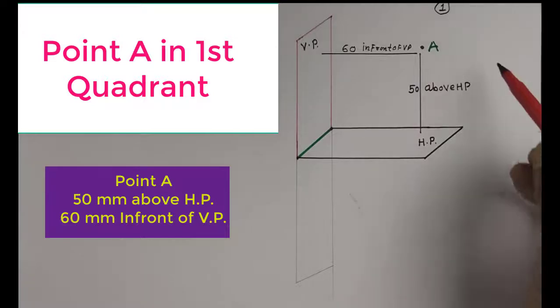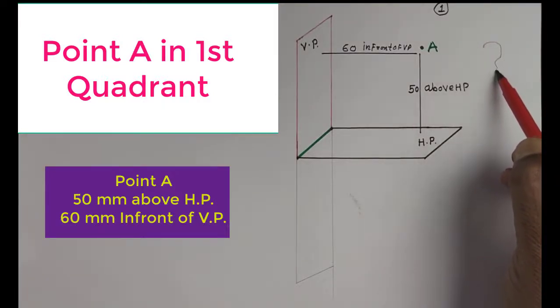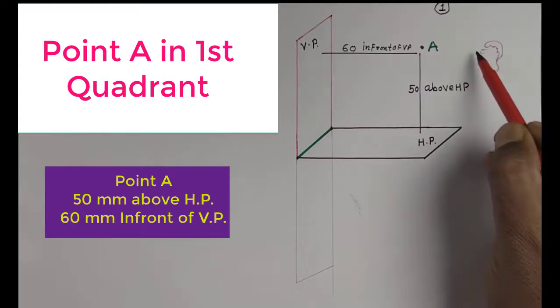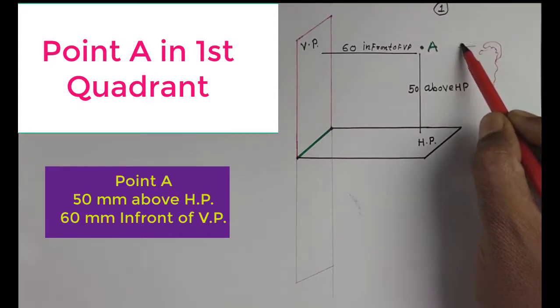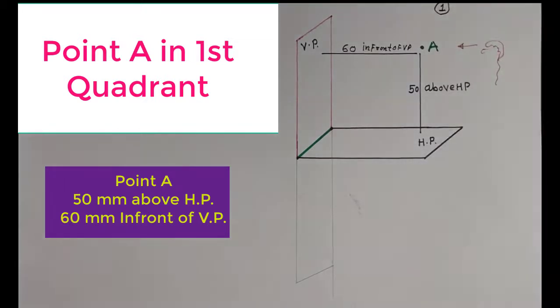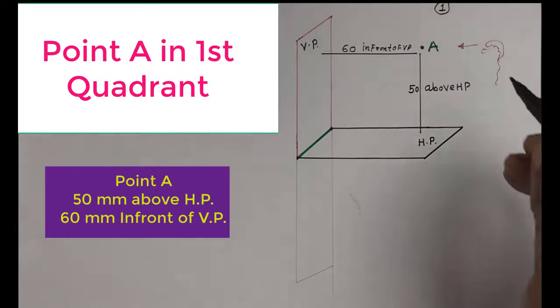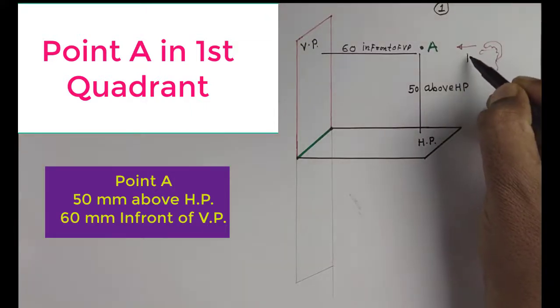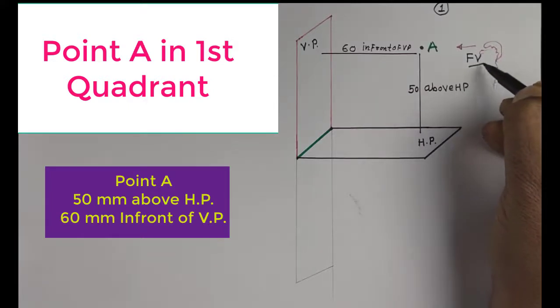Now the observer is here, and you see the object perpendicular to VP. When the observer observes the point perpendicular to the vertical plane, that direction we call the front view, or you can say the elevation.